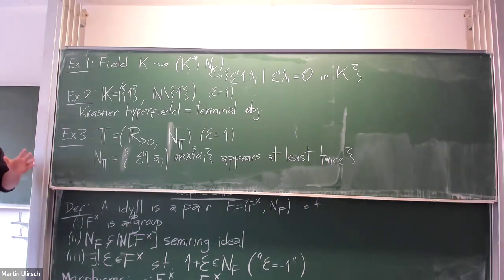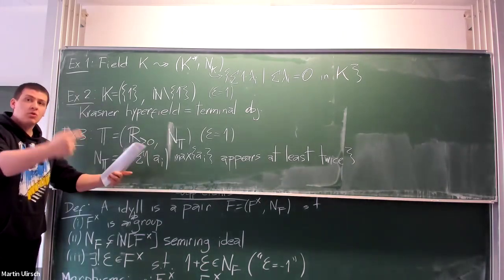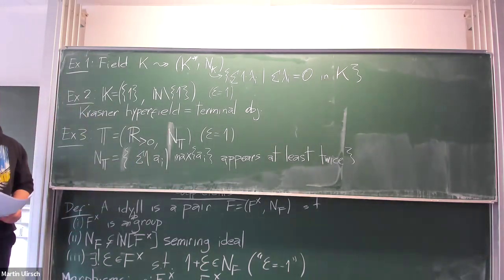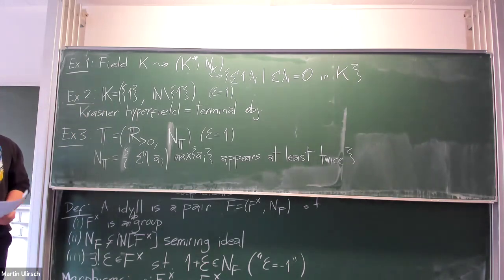To view this hyperfield as an idiom, the group is the same. The null sets are the formal sums whose hypersum contains 0. That's it. Okay. And so how can you go from an idiom to a hyperfield?